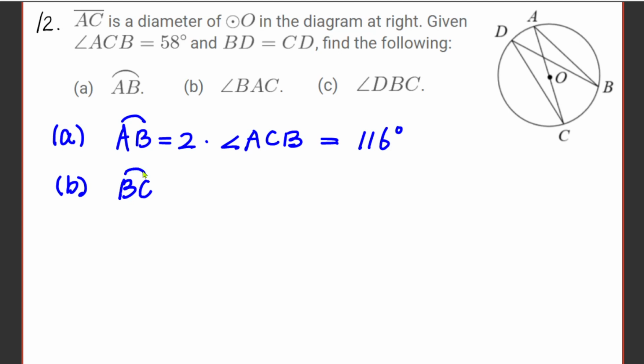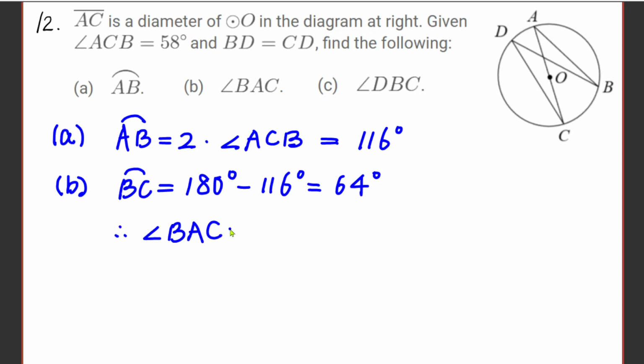So first of all, we know arc BC equals 180 degrees subtracted by 116 degrees. And this gives us 64 degrees, right? And therefore angle BAC is given by half of BC. And this is 32 degrees, right?